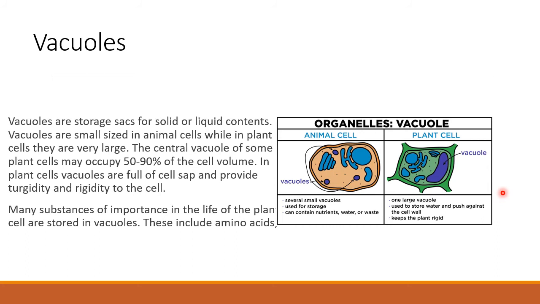Now, vacuoles have also been observed in a single-celled organism such as amoeba. We have already learned that amoeba has a food vacuole for ingesting as well as digesting food.